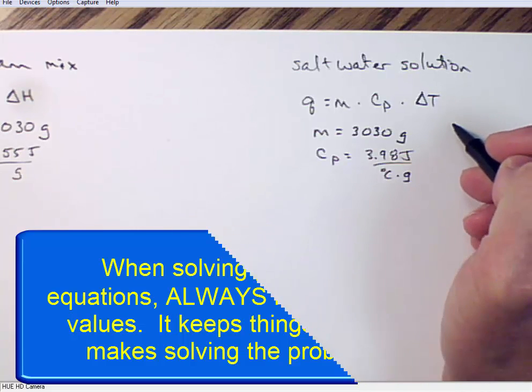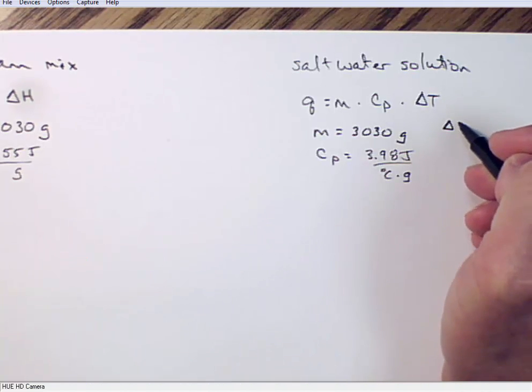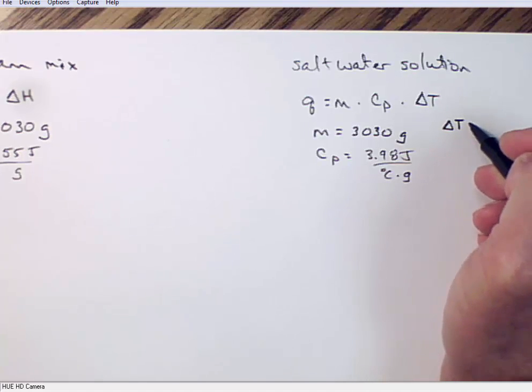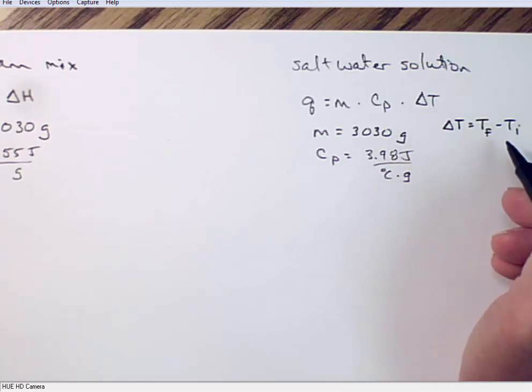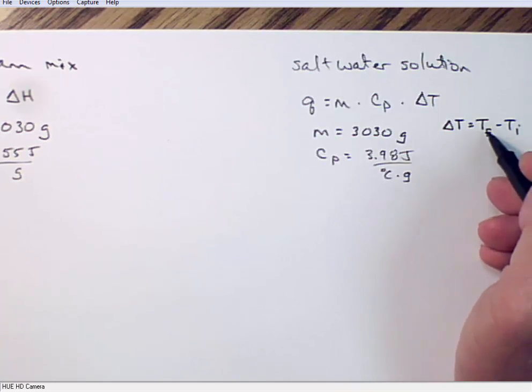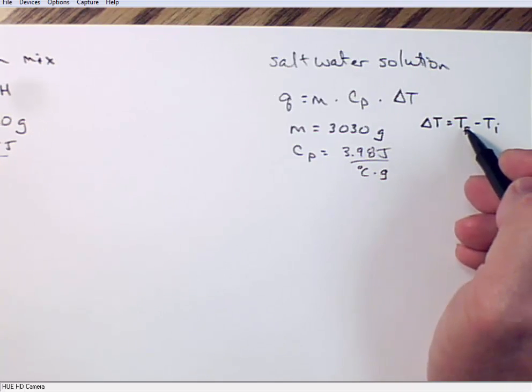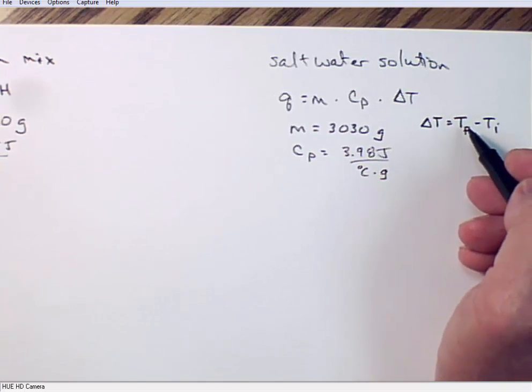Okay, now what we said was that the salt water solution is going to start at negative 21 degrees C. So delta T is calculated as temperature final minus temperature initial. The initial temperature is negative 21 degrees C, and the final temperature can be no higher than negative 10 degrees C. That's the ceiling, we'll call it.